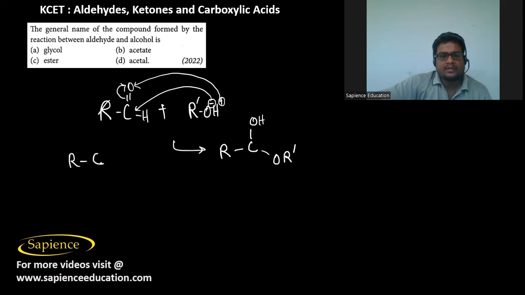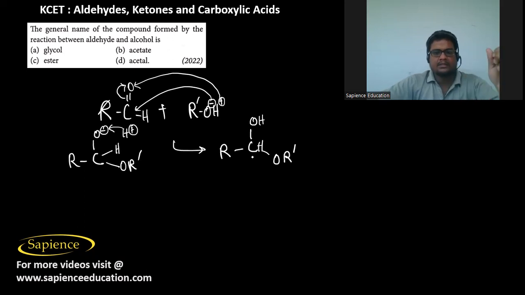So simply here it means that first it will form O minus, then here OR', and here H is there, and this H plus will link with this O minus to form RCHOH OR'.